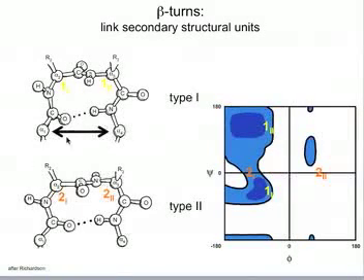Here in type 1, we see that amino acid 1 is hydrogen bonding with amino acid 4, and we'll refer to this guy as amino acid 2, which has one phi-psi preference, amino acid 3 has another, and I've labeled those for you here.